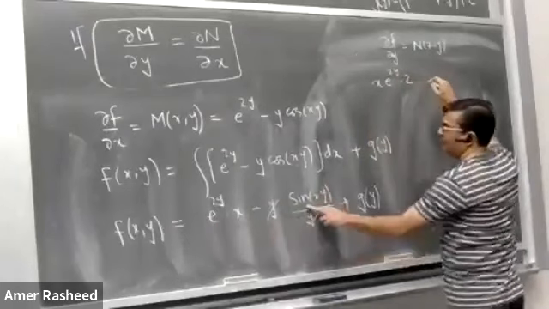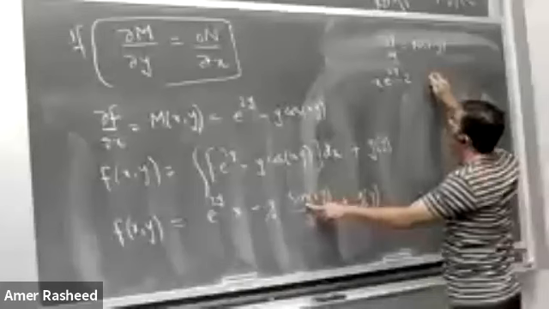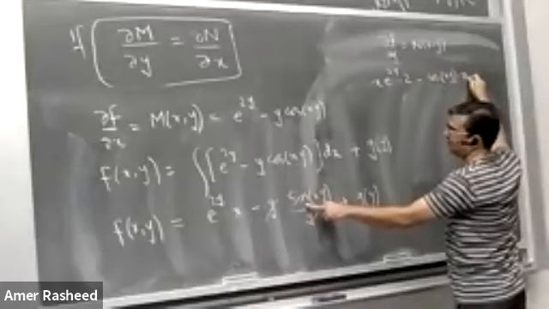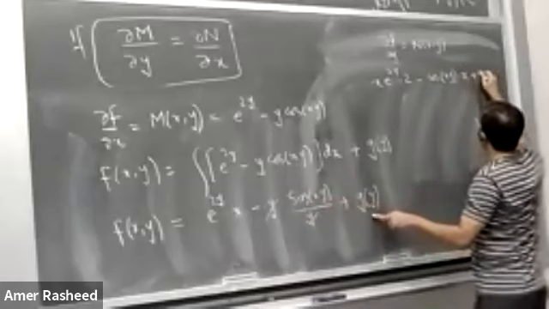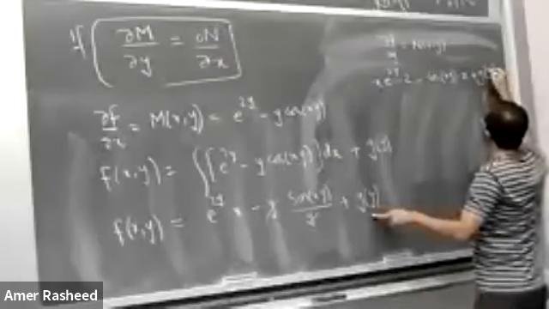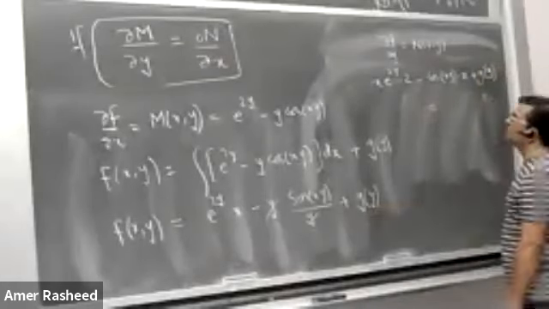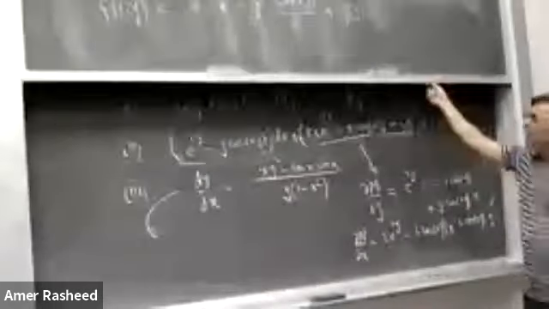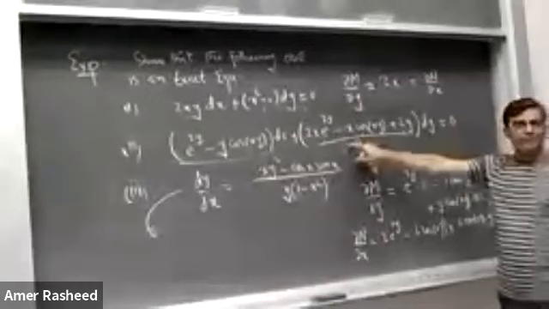And then the derivative of this thing with respect to y, which is cosine of xy times x, plus g dash of y. And you put it equal to n of xy. N of xy is given in the equation, this thing is your n of xy.